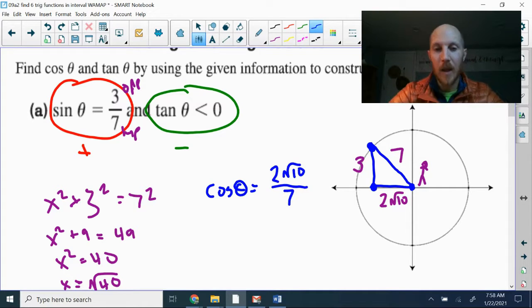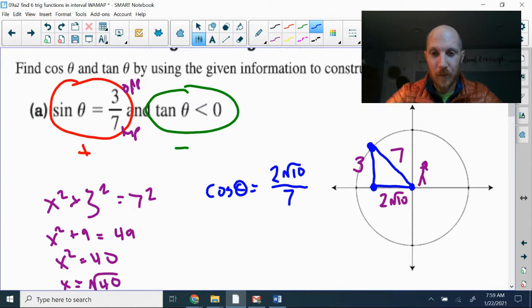Hypotenuse is 7. And then I got to stop for just a second because I remember in quadrant 2, sine should be the only positive trig ratio. And it seems like I've just written a cosine that's a positive value. And I don't think that's the way it should be. It's not. That's not correct.